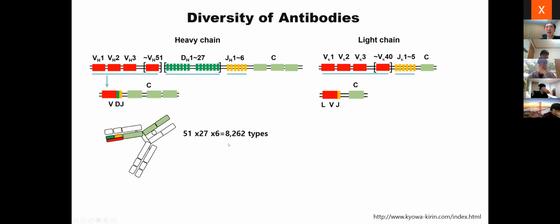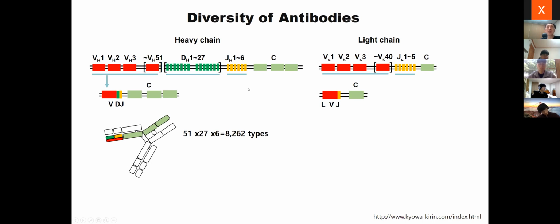That means 8,000 different B cells can be generated. One B cell can make only one type of antibody. Now here the magic is, even though the total number of genes is less than 100, by using this combinatorial function, they can generate a lot of different possibilities. That's the magic part of the immune system.